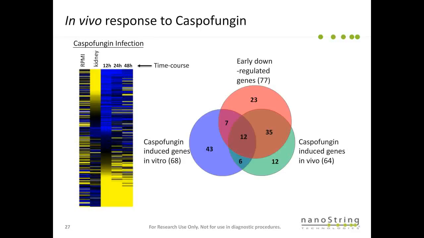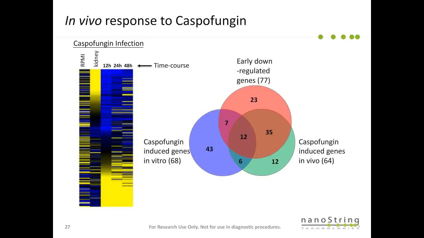And lastly, an interesting thing we did is look at the response to caspofungin, which is the main drug used to treat Candida albicans infection in hospital. What we learned is that there are actually 8 genes induced by the caspofungin treatment in vitro.